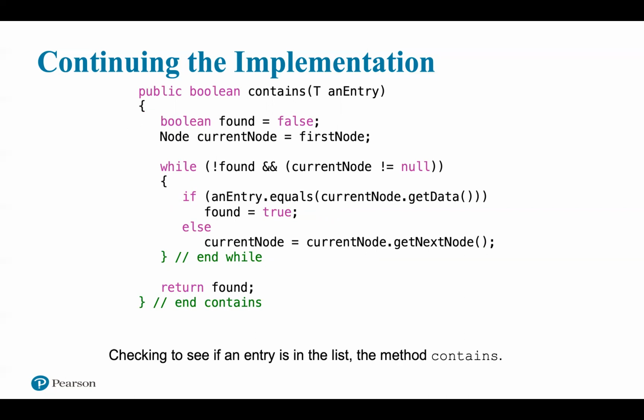For that reason, we revise the definition of contains in chapter 3 so that the search is performed by a private method that both contains and remove can call. Our version of the ADT list, however, removes entries by position, not by the value of the entry. Thus, the search that contains does is performed only by contains.